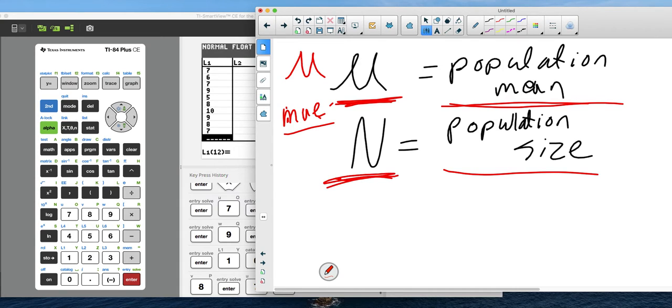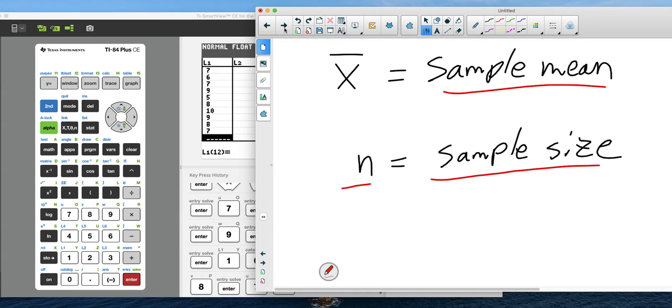If it's a capital N, it's giving you a population size. If it's X bar, it's giving you a sample mean, so you know this problem is dealing with a sample. Same thing if they give you a lowercase n. You know it involves a sample.